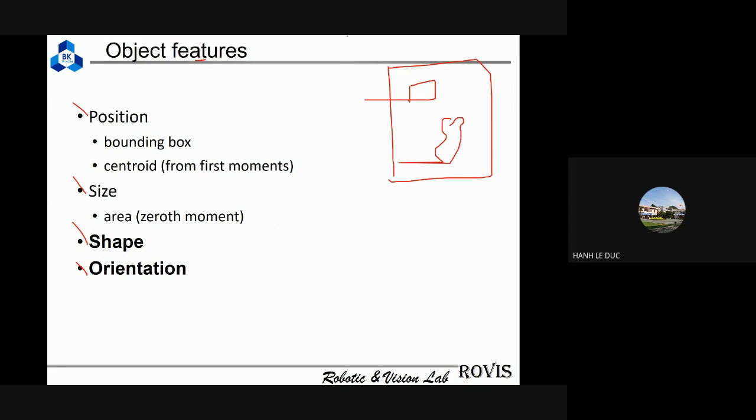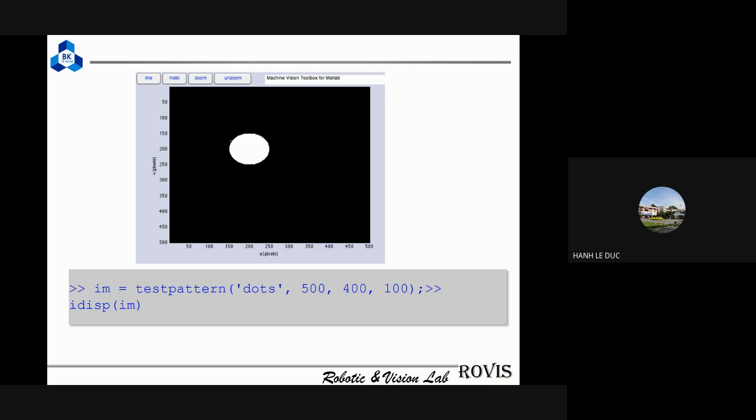So we will go to the next step to calculate those features. First is the position. After you scan an image and you have a blob like this, how do you calculate its position? The position means the center point, the centroid position.